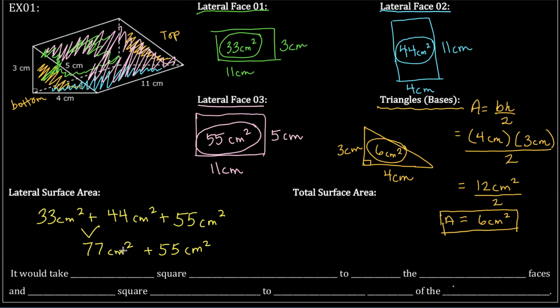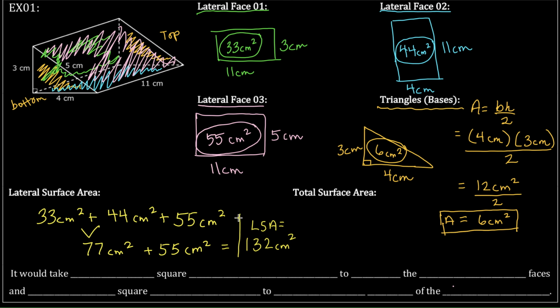So 50 and 70 give me 120, 127, 127 plus 5 is 132. So that equals 132 square centimeters. And that is the lateral surface area.